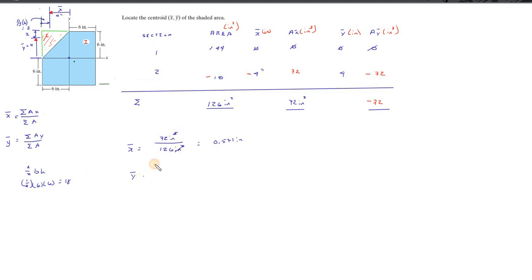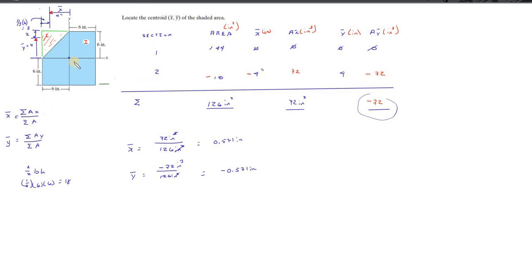Y bar, again, is my summation of AY, which is negative 72 over 126 inches squared. That was inches cubed, so again I'm going to get inches, and that's also going to be negative 0.571 inches.